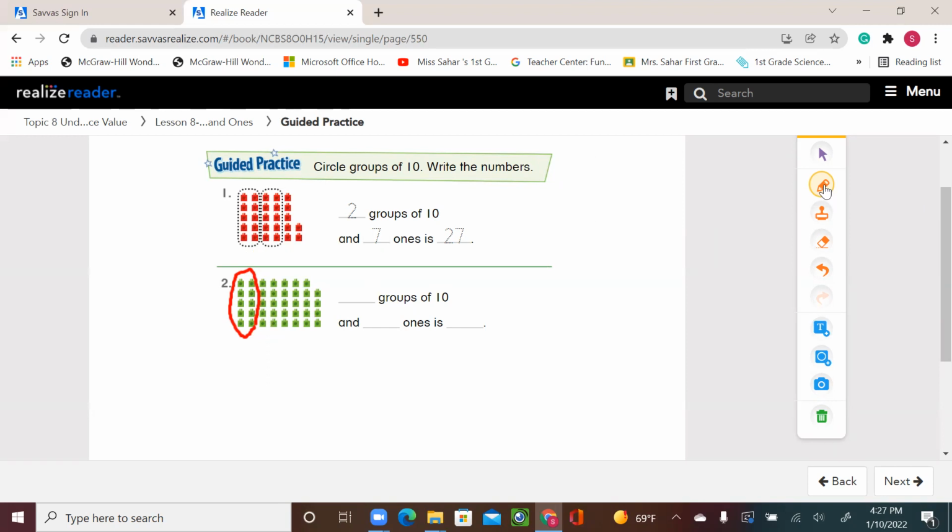That's another group of 10. Let's use a different color. So far I have 2 groups of 10. Let me see if I can have more. 2, 4, 6, 8, 10. Yes, I have another group of 10. So far I have 3 groups of 10.